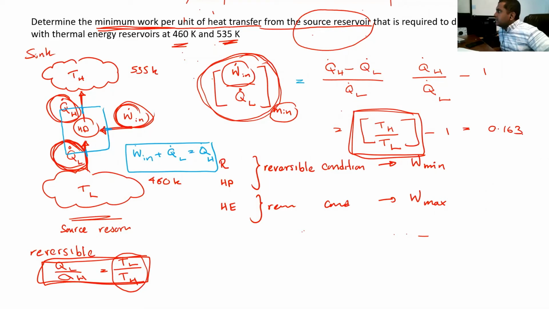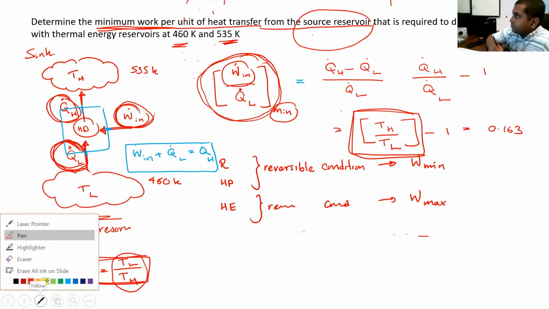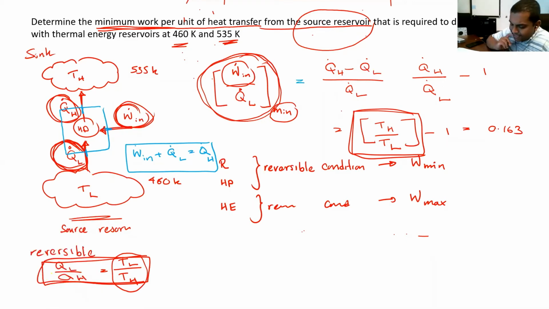All right, any questions on that problem? Now, let me emphasize a few of the things here. One thing that you must do when you have one of these questions is draw this diagram.